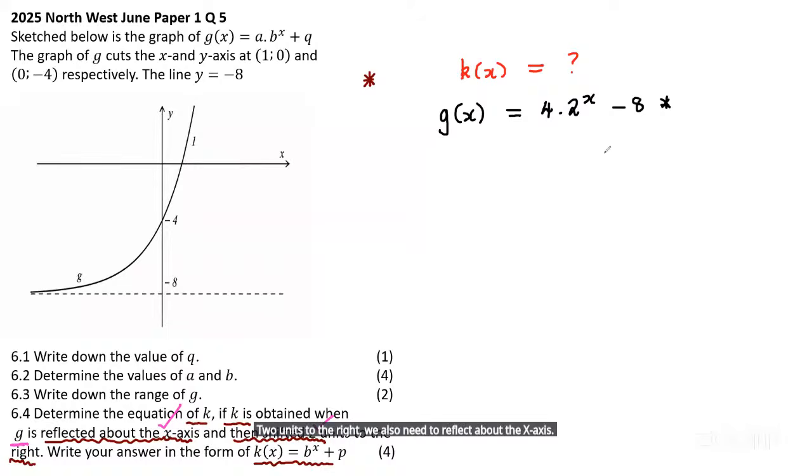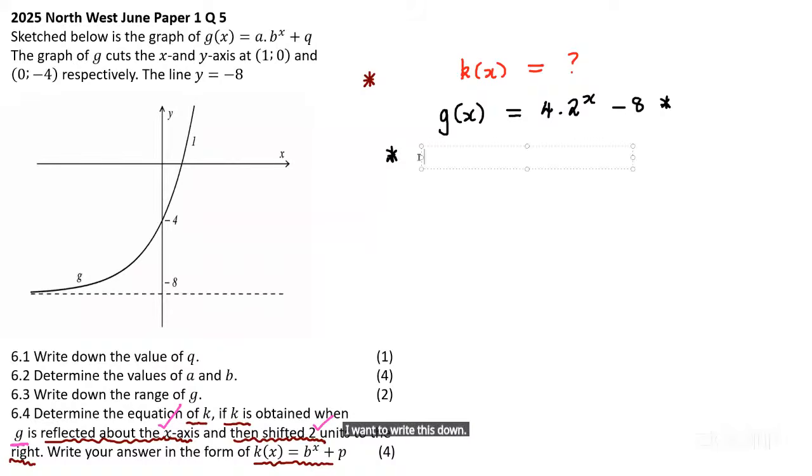So let's begin. Let's start with a reflection in the x-axis. Now listen to this very carefully. Every time you take a graph and reflect in the x-axis, the y value becomes negative. I want to write this down.